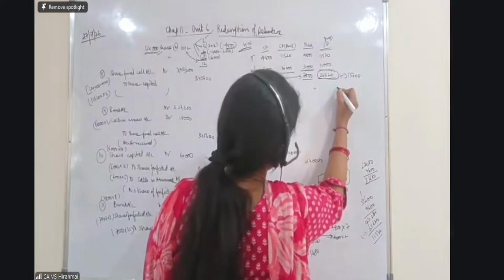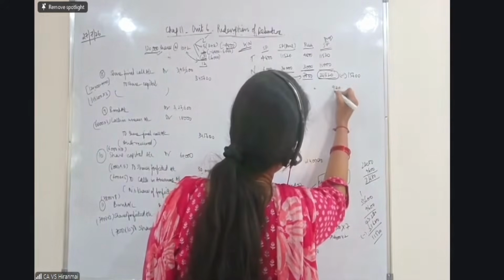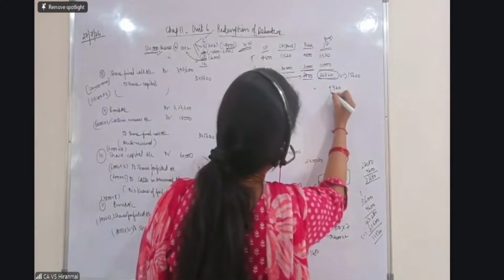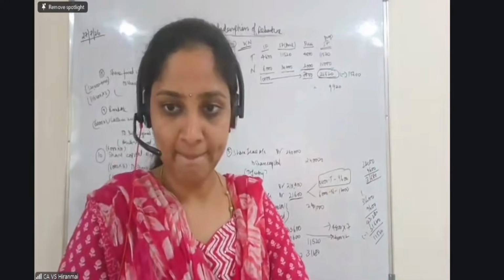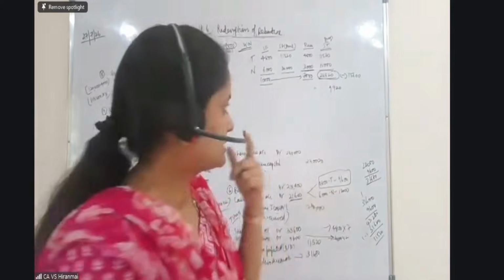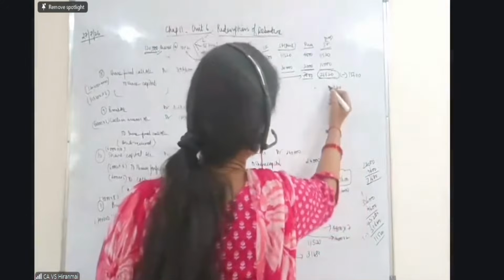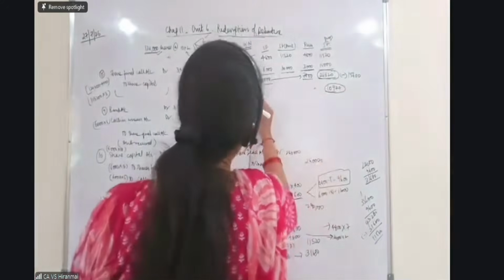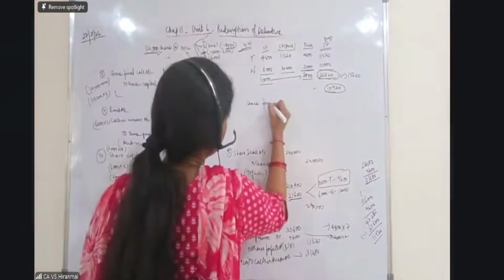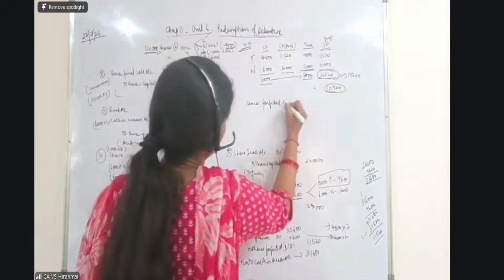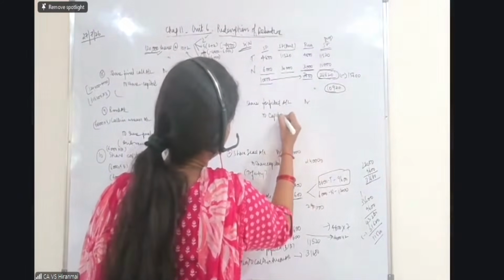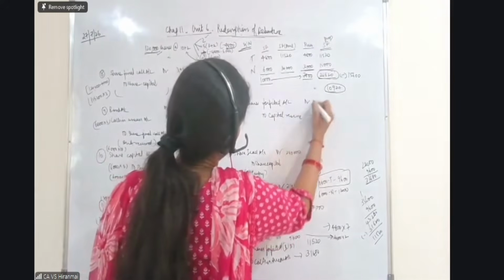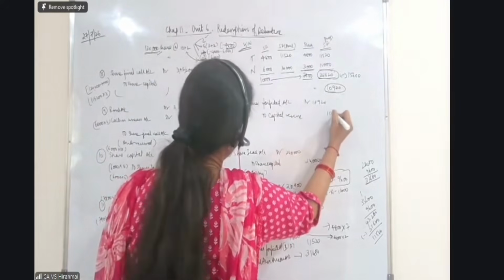So it comes to 10,920. So the final entry will be shares forfeited account debit to capital reserve, 10,920.